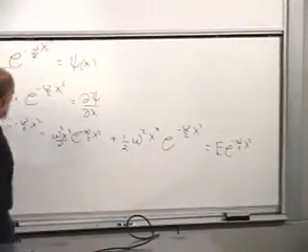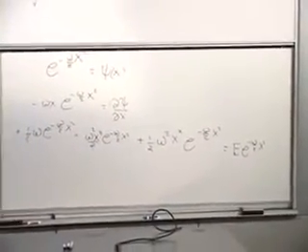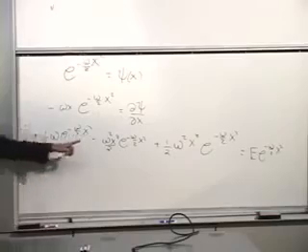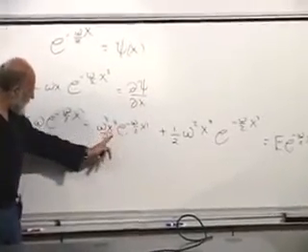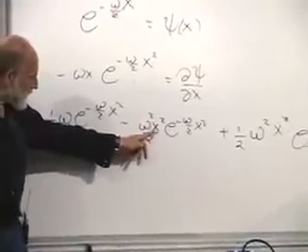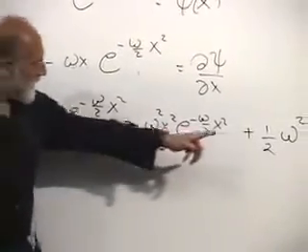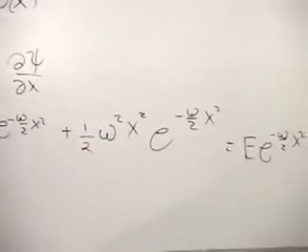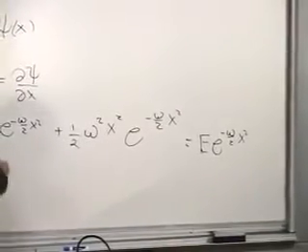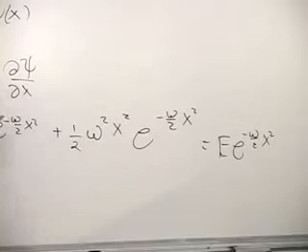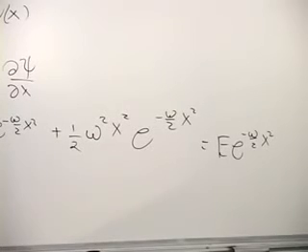Okay, let's examine the terms. There are two kinds of terms. One of them has x squared e to the minus omega over 2 x squared. In other words, an x squared sitting out in front. In fact, there are two of them. These two both have omega squared x squared over 2 multiplying the wave function. But fortunately, they cancel, minus and plus, because there would be nothing to cancel them against in the rest of the equation.